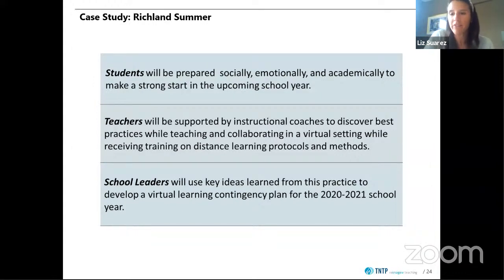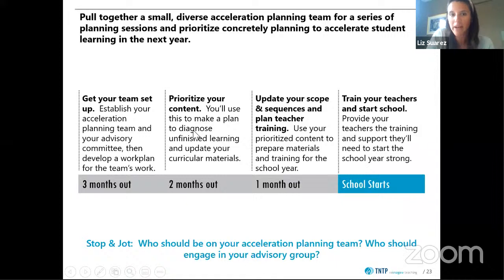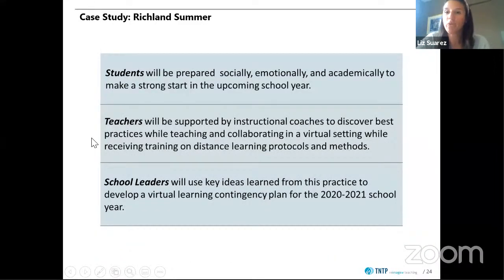So if you think about this timeline that Jamila just showed everybody, Richland Parish is still very much within this whole getting our team set up and prioritizing our content. But the way that they have approached doing so is through their summer academy.